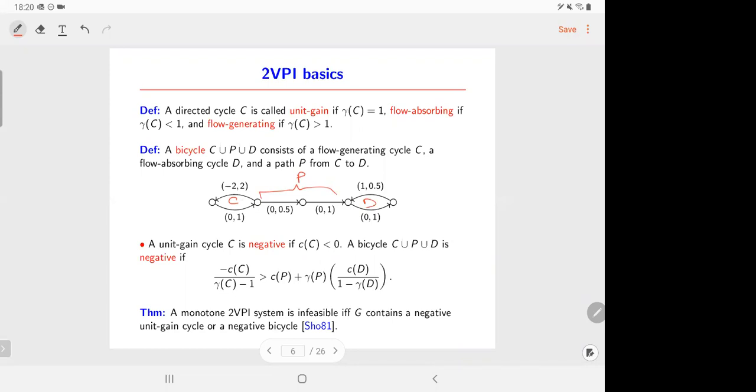And we will say that the unit gain cycle C is negative if its cost is less than 0. Now, I haven't defined what the cost of a cycle is. I've only defined what the cost of a walk is. But you can think of a cycle as a walk by anchoring the starting point at any node in the cycle.